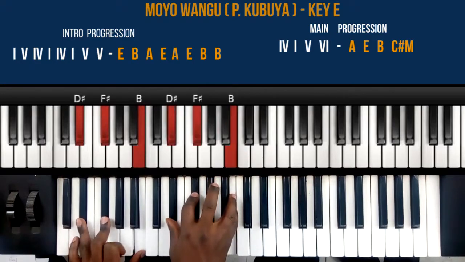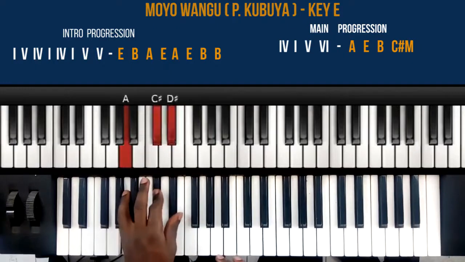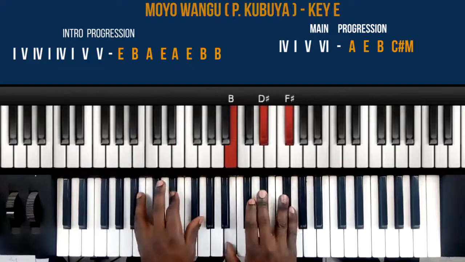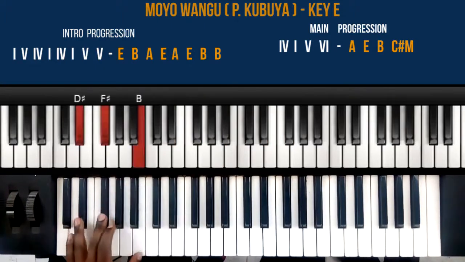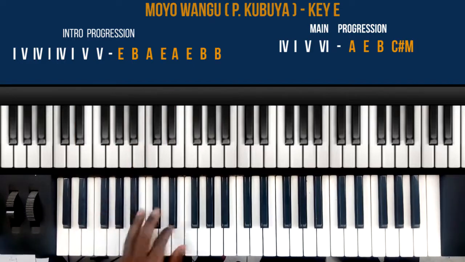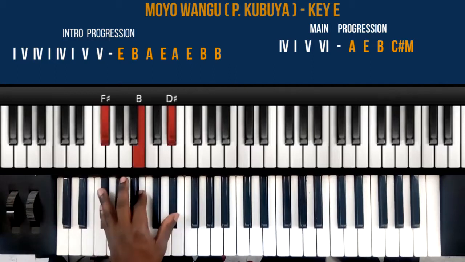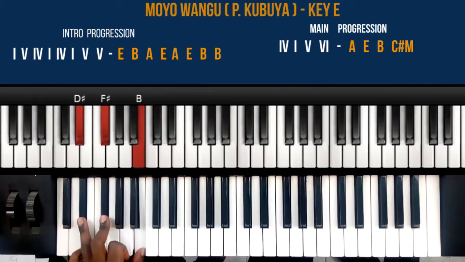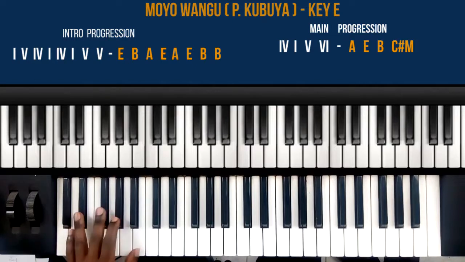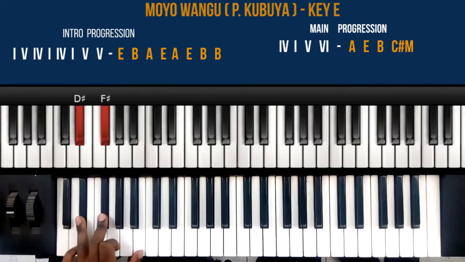The chord that follows is the B chord. This is an inversion of the B chord. Normally you would play your B here, and this is the first inversion of the B. With my left hand, I play note D sharp with my ring finger, note F sharp with my middle finger, and note B with my thumb.